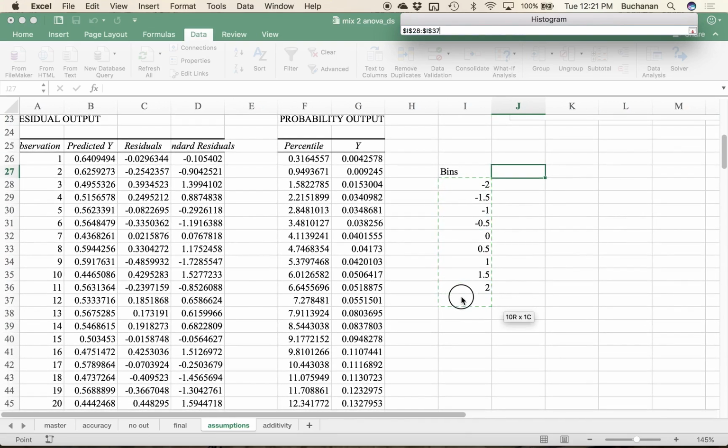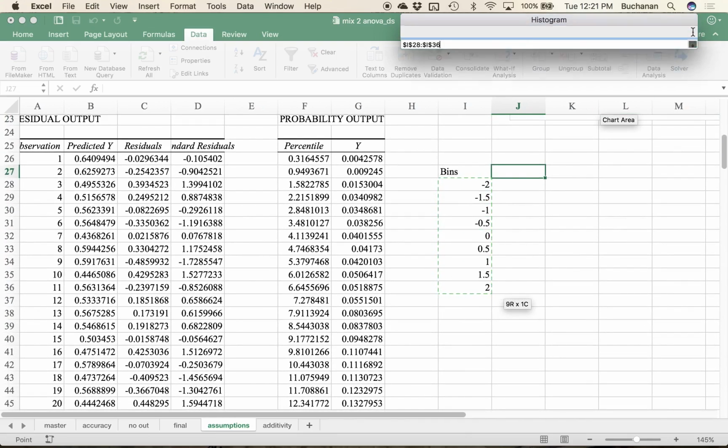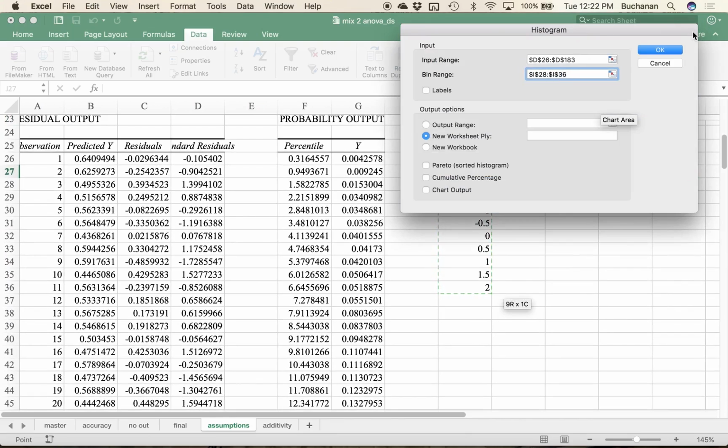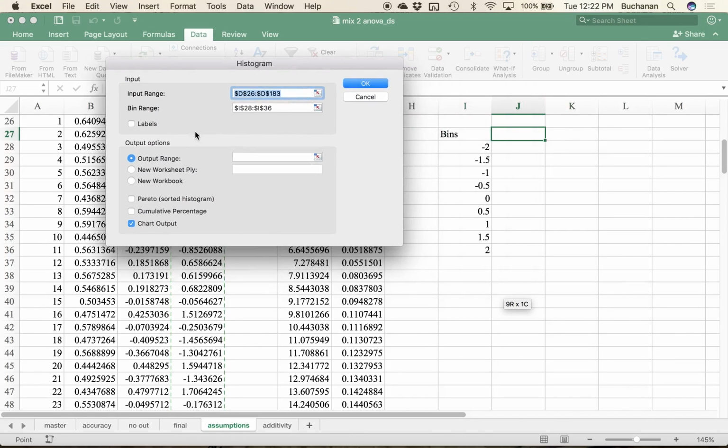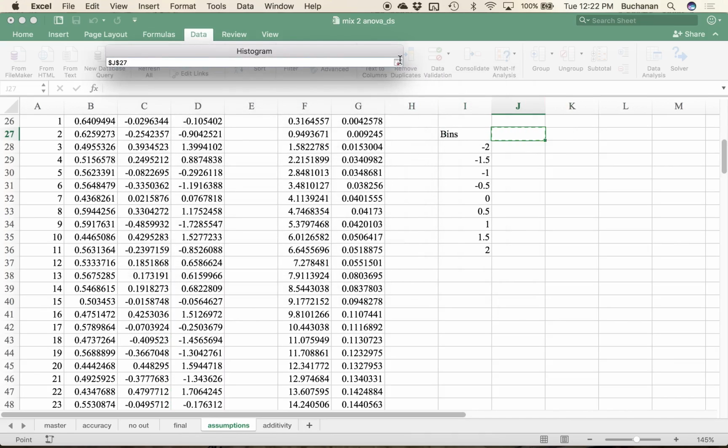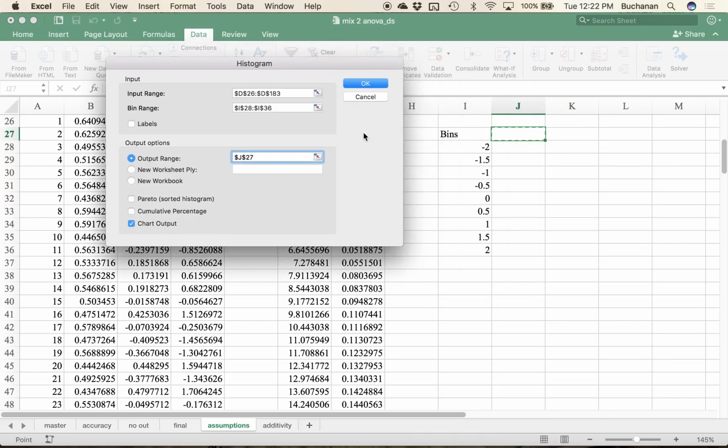So here, excuse me, I want to see the chart, and then I like to stick the chart just kind of right here, just so it's on the same page. You can tell it to be on a different page, that's fine too.